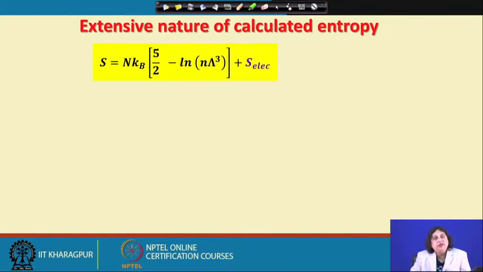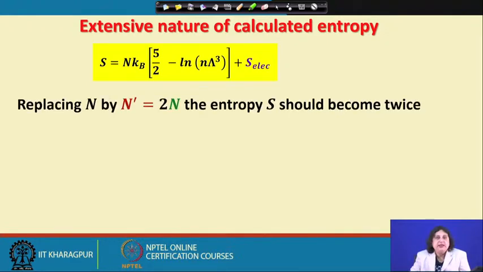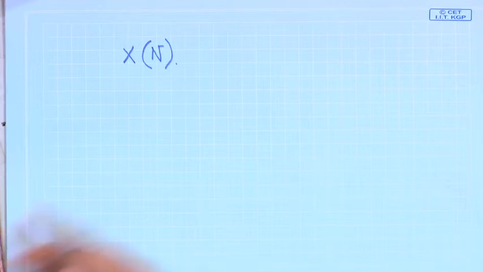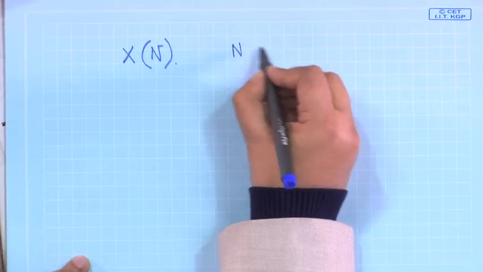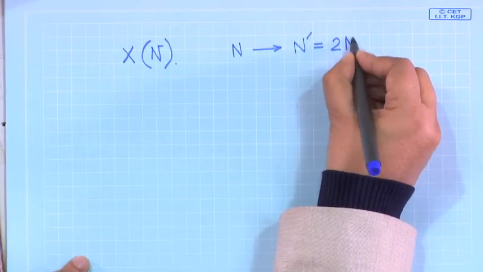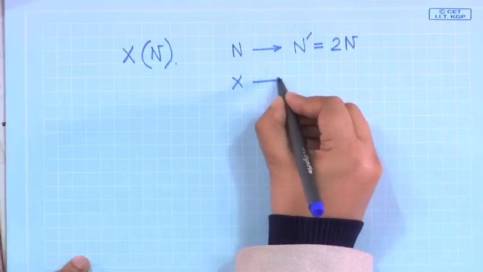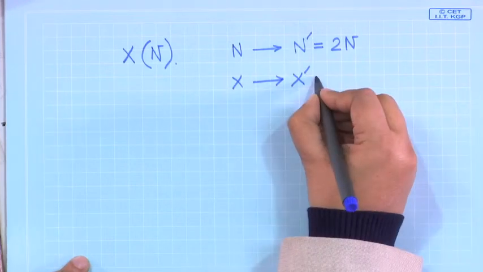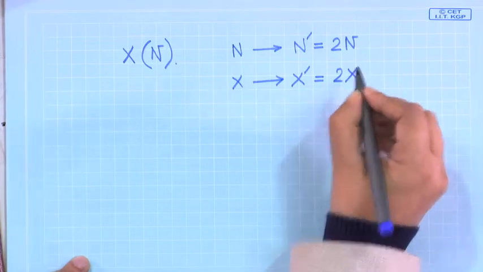So, the first thing that we check is the extensive nature of calculated entropy. In order to do this, we understand that if there is a property X which is an extensive property, in that case it must be a function of capital N in such a way that if I replace N by N', and N' is equal to 2N, then X will be replaced by X' such that X' would be equal to 2X.